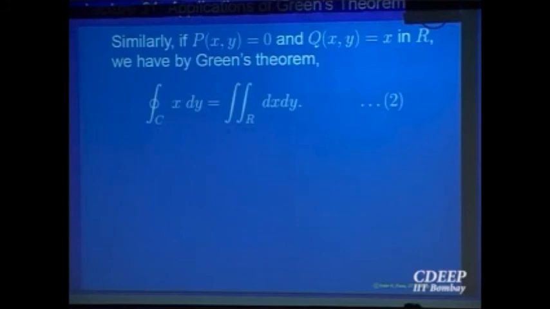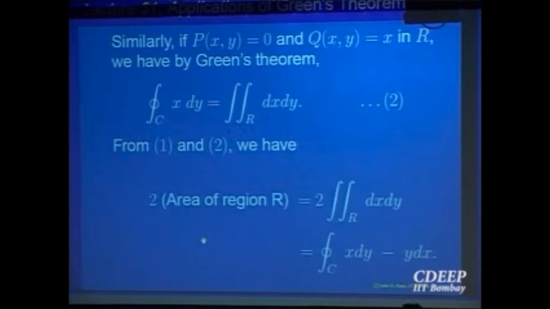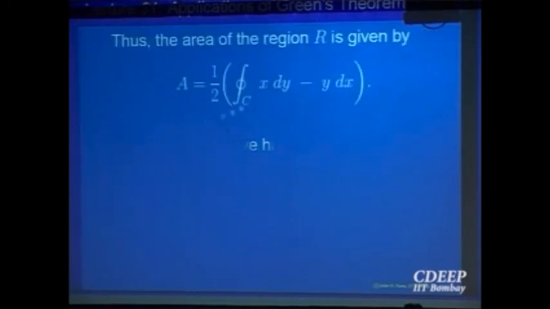If I add these two, I get a third formula. It is not just for the sake of formulas, they are useful sometimes. So it is 2 times the area, so the area will be equal to 1/2 of that line integral. Something in the plane, you want to compute its area in terms of a line integral. Just knowing the values on the boundary, you are able to compute the area.